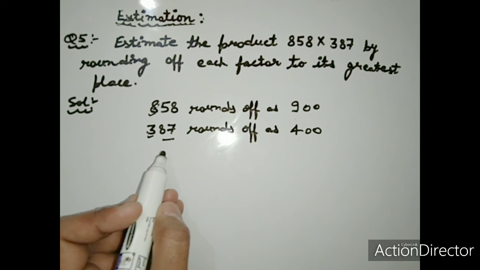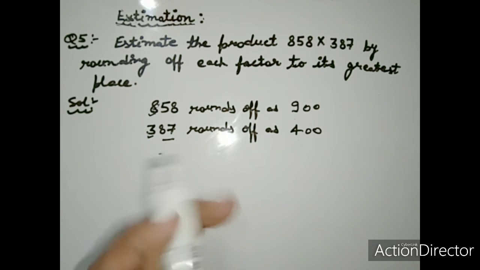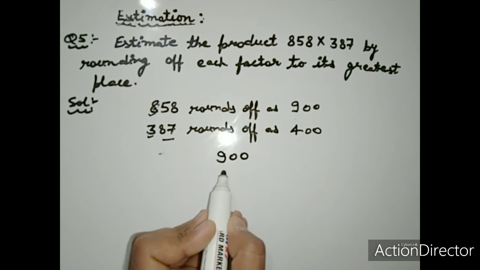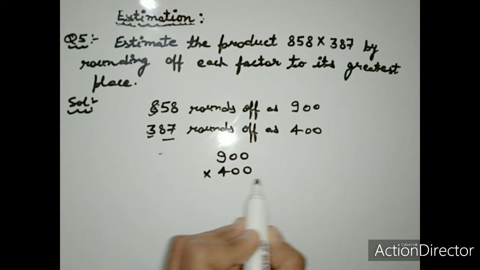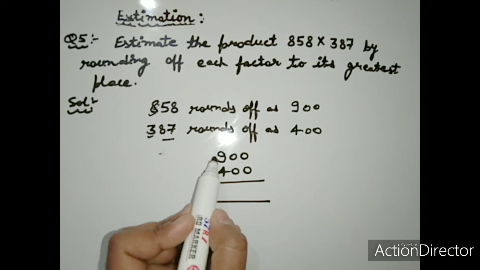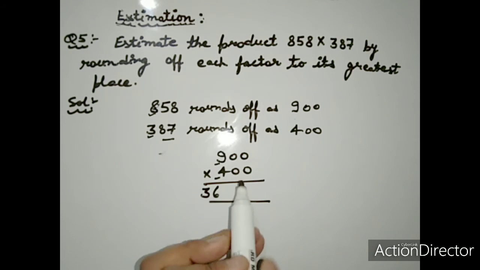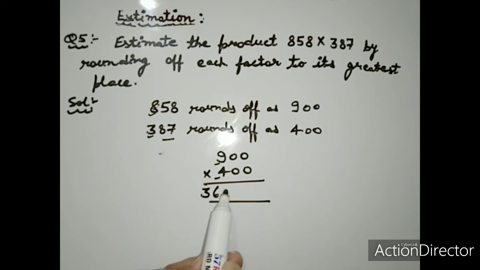Now we multiply these two numbers. So here 900 multiplied by 400. So here we use the short method of multiplication. 9 4s are 36, and after that we put these total zeros, 1 2 3 4.